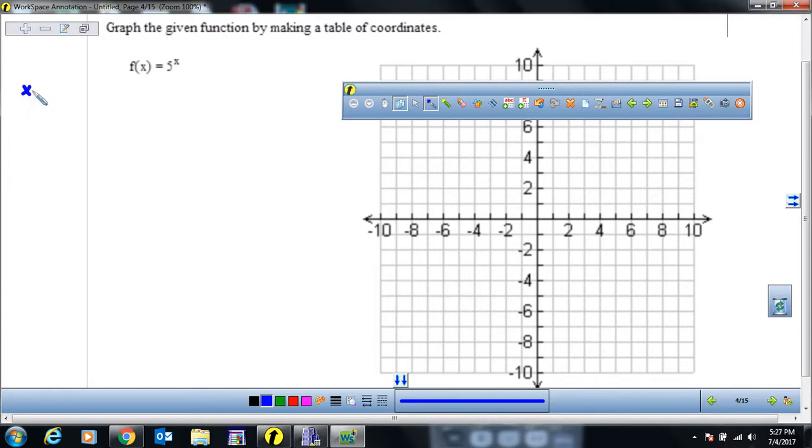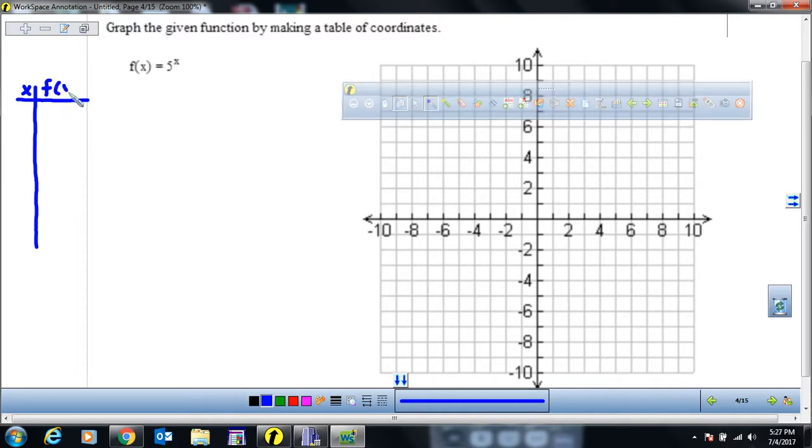So we're going to have x and f of x, which is 5 raised to the x power.